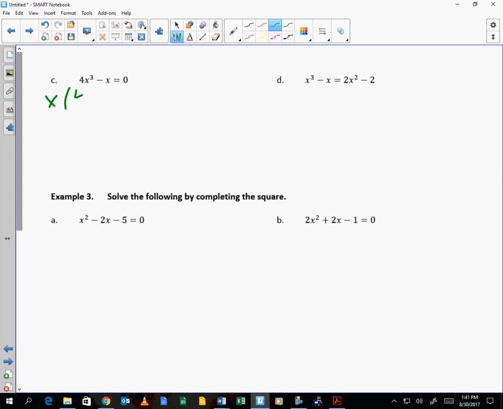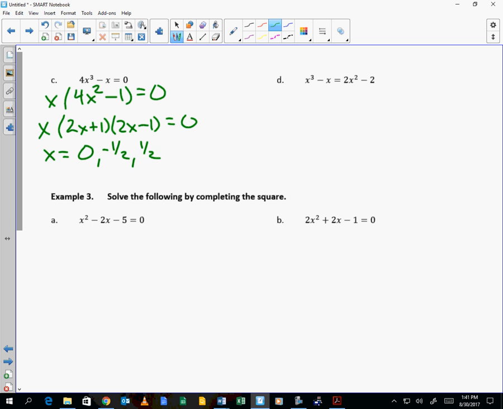We start with the greatest common factor, and then solutions.